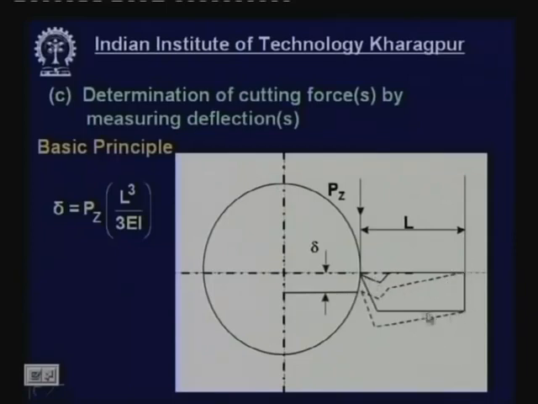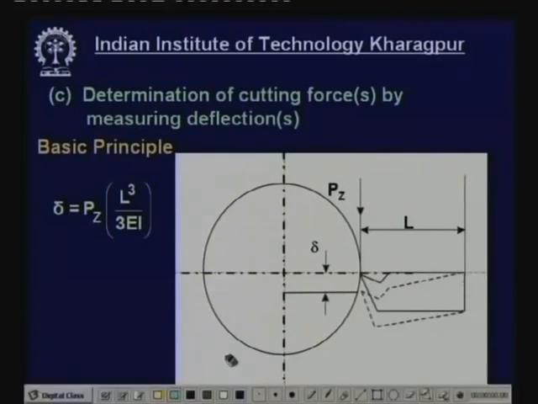This shows the turning tool or the tool holder, which is nothing but a cantilever beam subjected to a force Pz, suppose one force. Due to that, this elastic beam will undergo deflection by this amount, say delta.